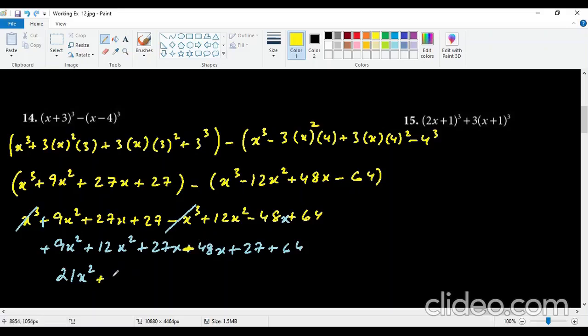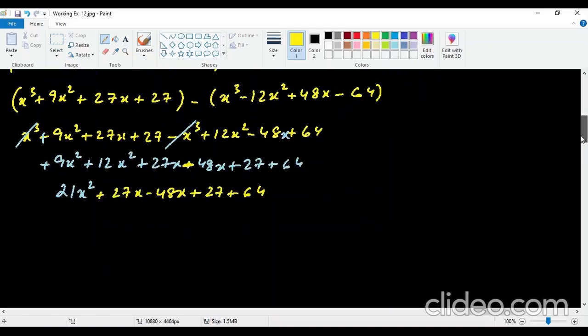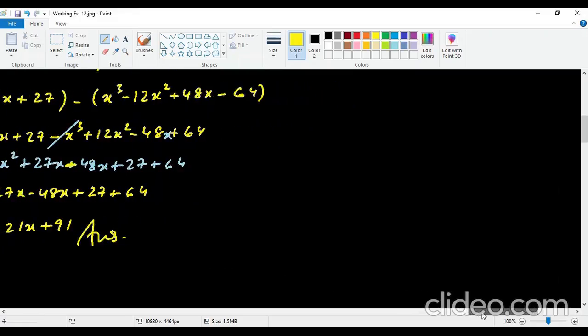So plus 27x minus 48x plus 27 plus 64. So finally, this is going to give us 21x² minus 21x plus 91 as an answer for this question.